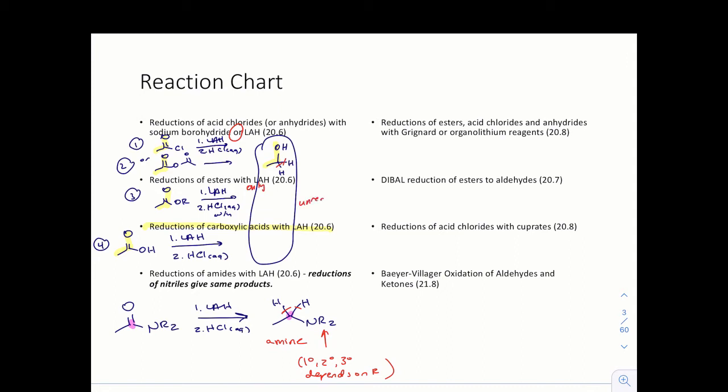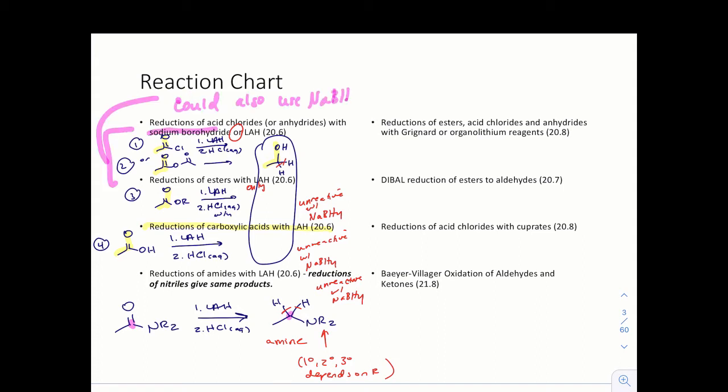Esters are unreactive with sodium borohydride. You'll see reductions of carboxylic acid with LAH. They are also unreactive with sodium borohydride. Same thing for the nitriles or amides. We only have LAH listed. But for acid chlorides and anhydrides, you could also use sodium borohydride in the presence of a proton source.